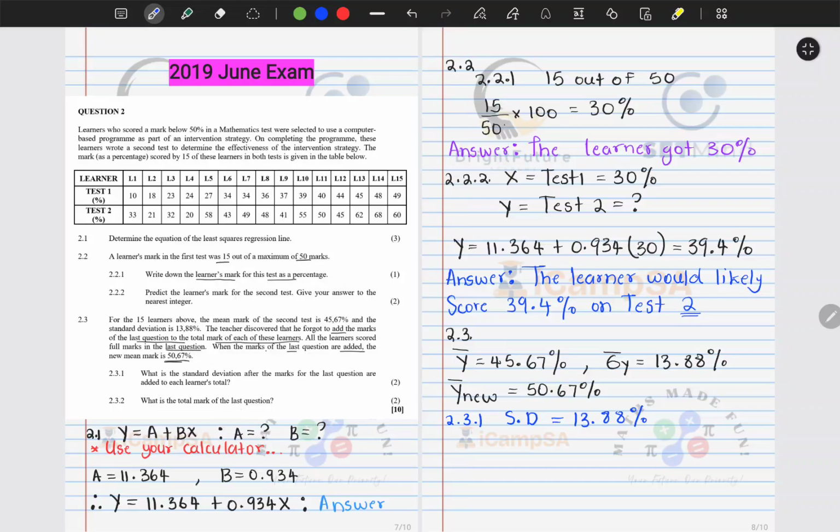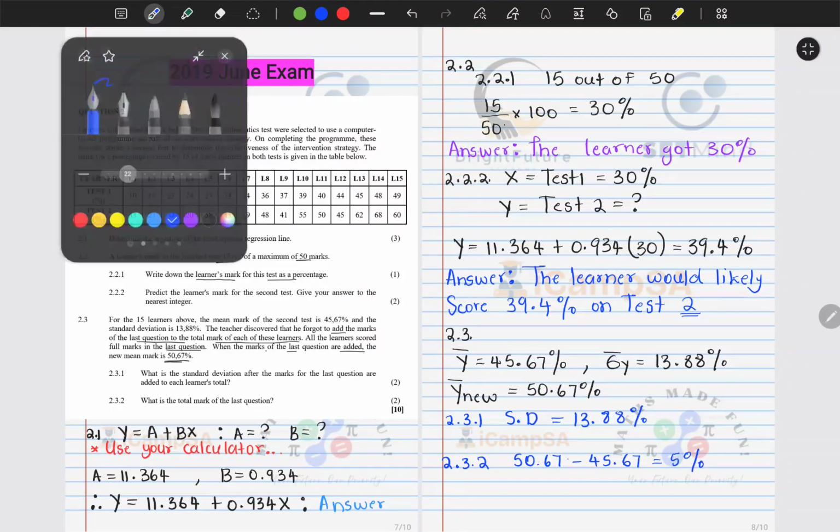Okay. And now if the standard deviation is the same, what was the total mark of the last question? Remember, everyone moved by the same amount. So if we take the average and the differences in the average, we should get the answer. For 2.3.2, what you should get is 50.67 minus 45.67, and that gives us about 5%.